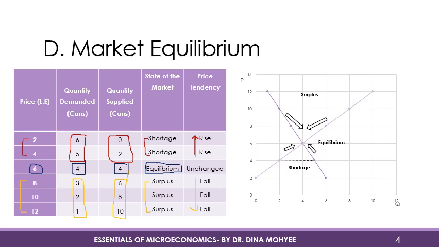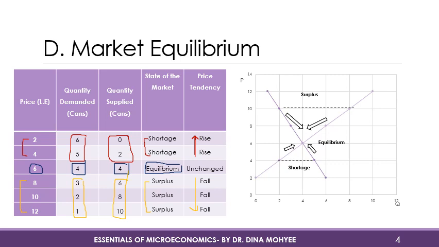As the price falls from 12 to 10, the quantity demanded increases while the quantity supplied decreases. At the price of 10, there is also a surplus on the market, so the price will tend to decrease further to 8.